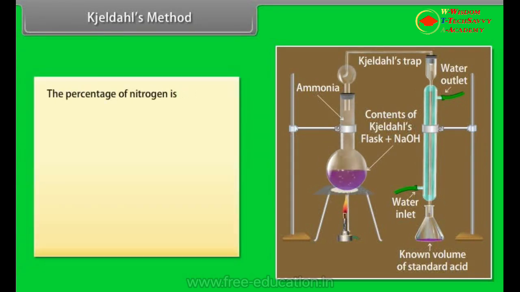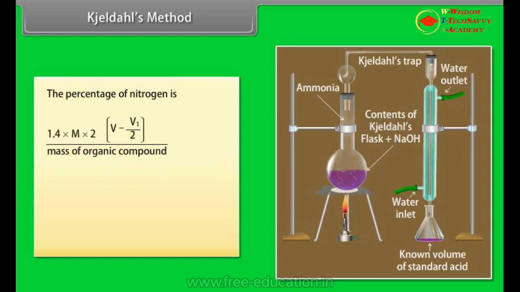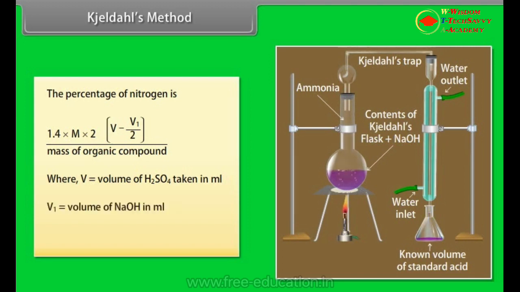The percentage of nitrogen is 1.4 into M into 2 times the difference between V and V1 by 2, divided by mass of organic compound, where V is equal to volume of H2SO4 taken in milliliters, V1 is equal to volume of NaOH in milliliters, M is equal to molarity of H2SO4.